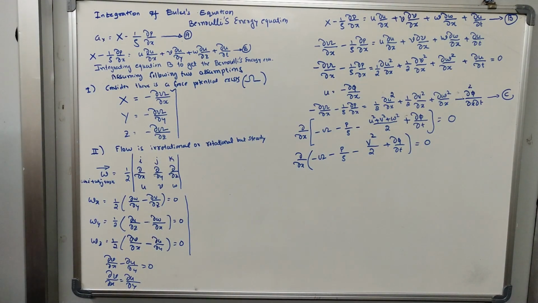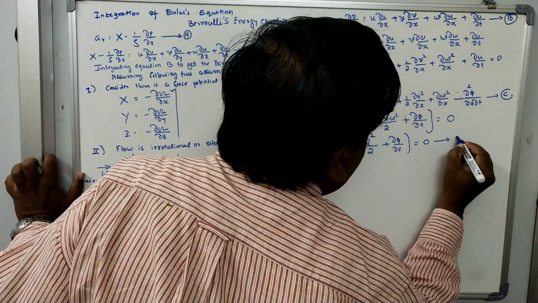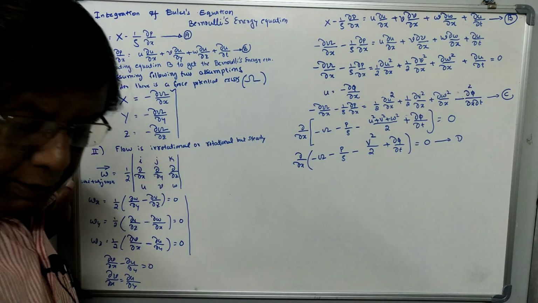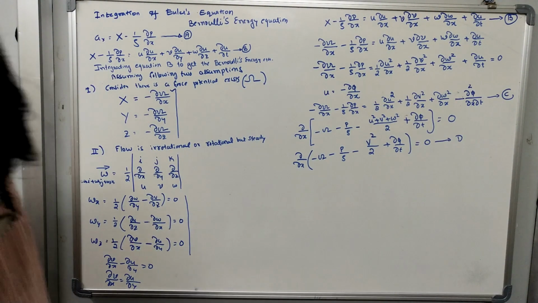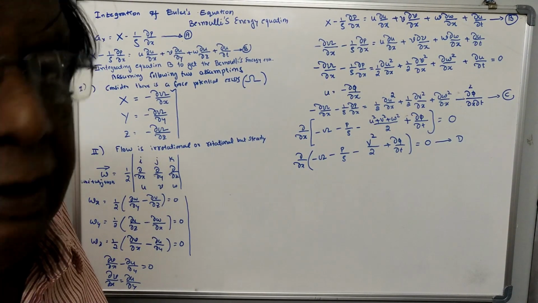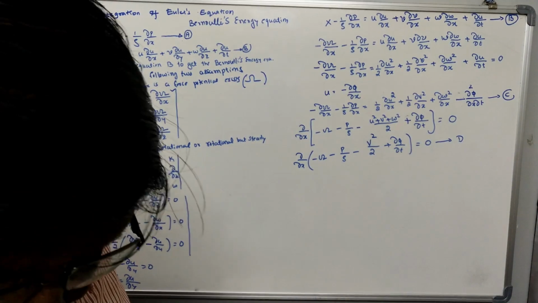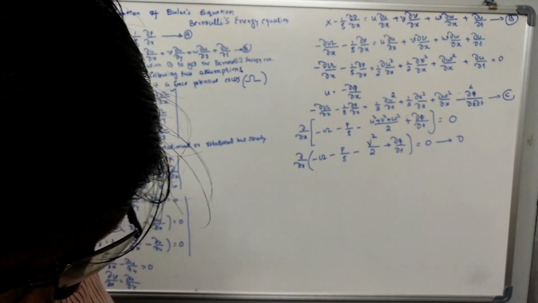Okay. Now let us take this equation D. If the fluid is incompressible, then mass density rho is independent of pressure.